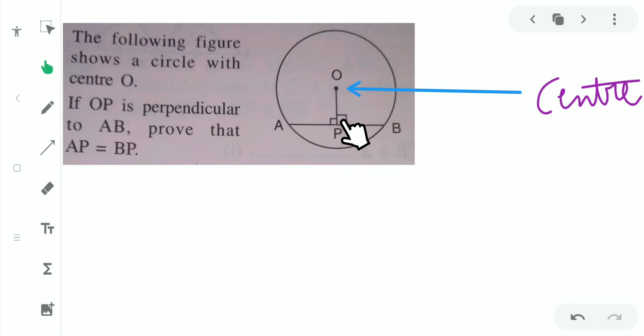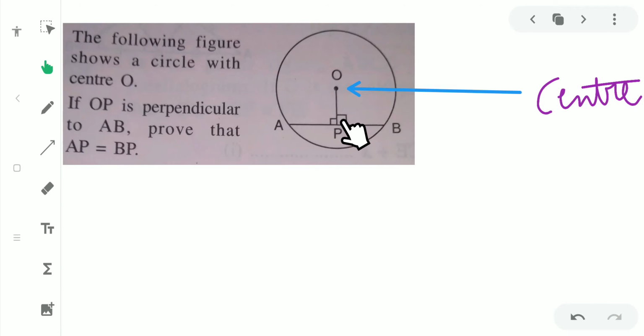Join OA and OB. Now we have to prove. So I will write triangle OAP and triangle OBP. So these two triangles I am having, OAP and OBP.